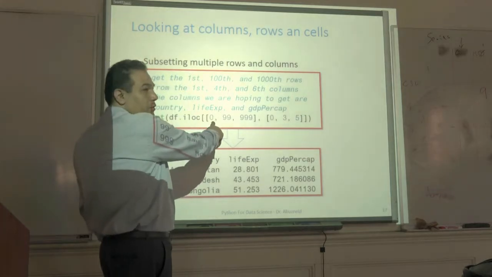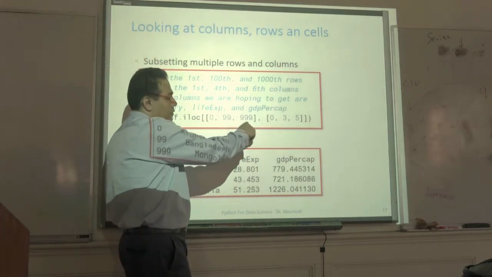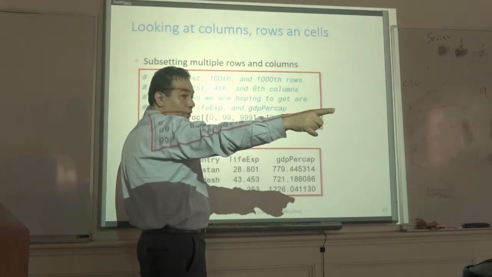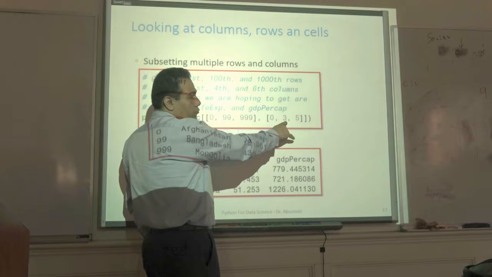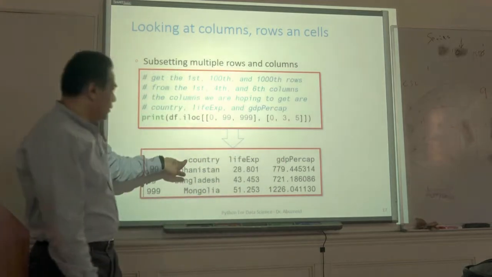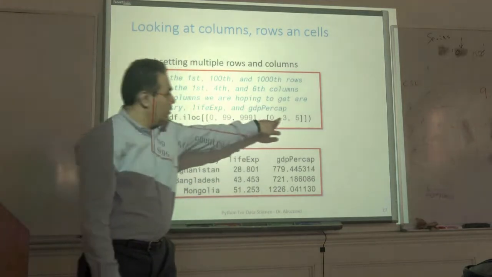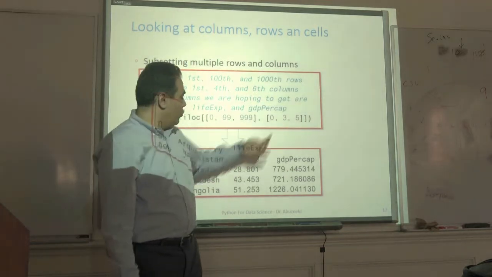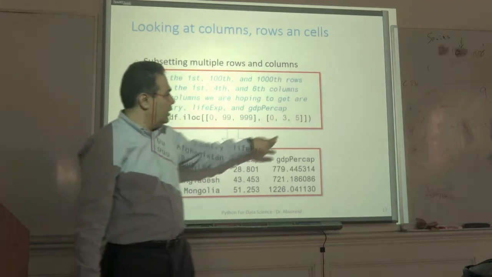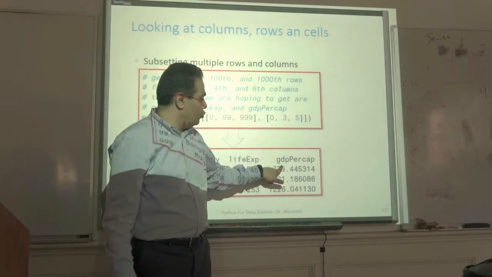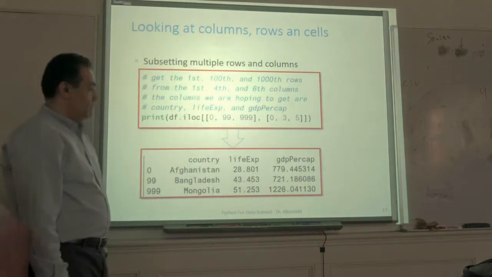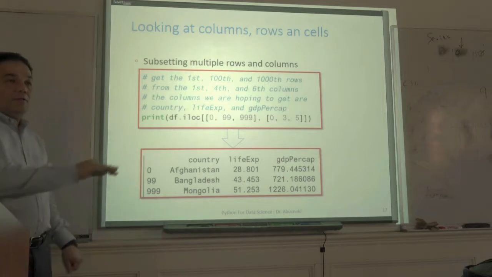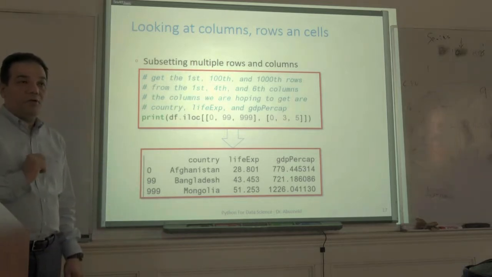The first, number 100, number 1000, comma, and what are the columns I'm looking for? That's your question. Okay. 0, 3, and 5. So that's 0, which is country. Column number 4 was life expectancy, and column number 6 is GDP. All right, and of course you printed the 3 records.